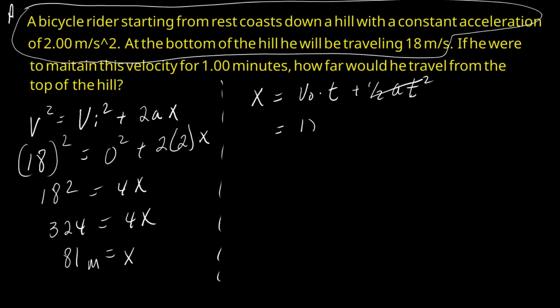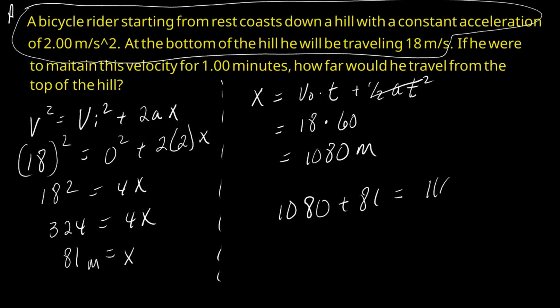So it's 18 meters per second times 60 seconds. So that would give me 1080 meters. So my total distance traveled will be 1080 plus 81. That gives me 1161 meters.